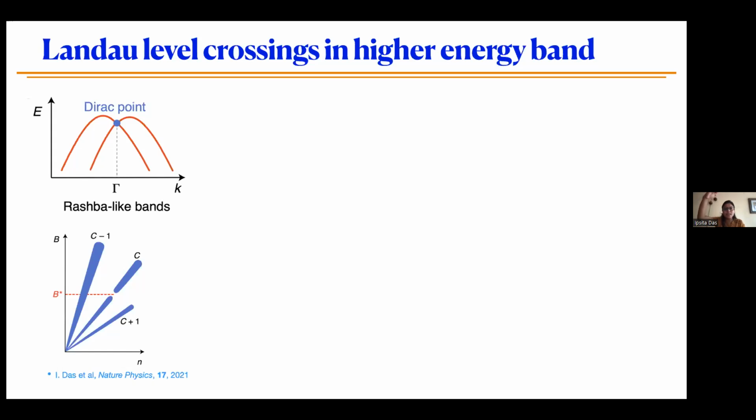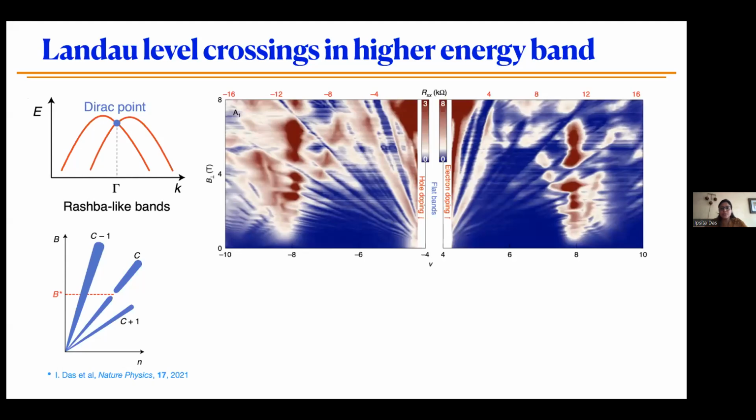So at a certain filling factor, you will have two Landau levels from two bands crossing each other, right? And there you will have a Landau level crossing, and this will happen at a very certain magnetic field value, because if you change the magnetic field, you are also basically changing the gap of your Landau level, right? So this was experimentally observed.